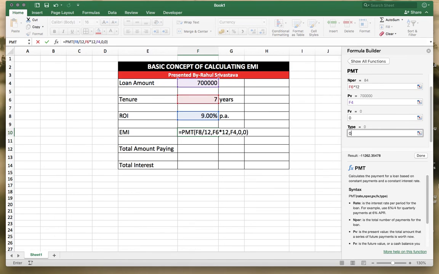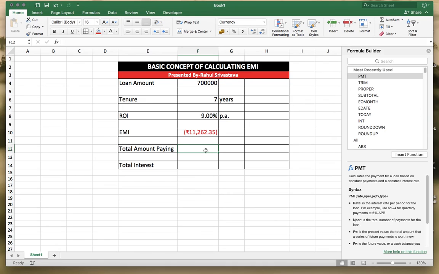As soon as we type 0, we can go to the done option and click on it. As soon as we click on done, the EMI comes, which is 11,262 rupees 35 paise. Now what would be the total amount you would be paying? This is very simple maths.